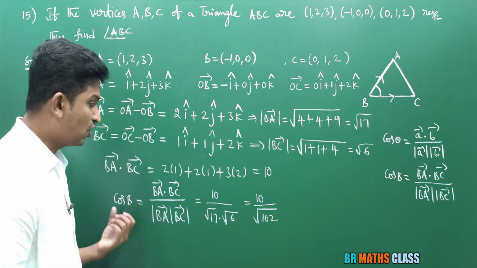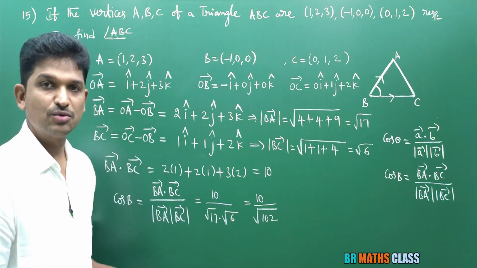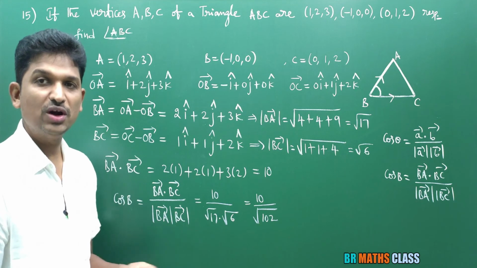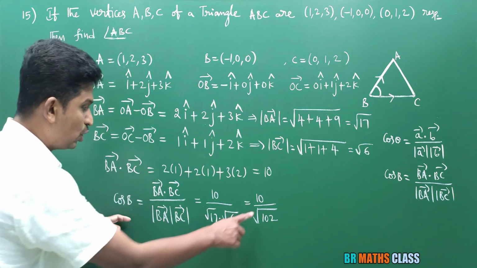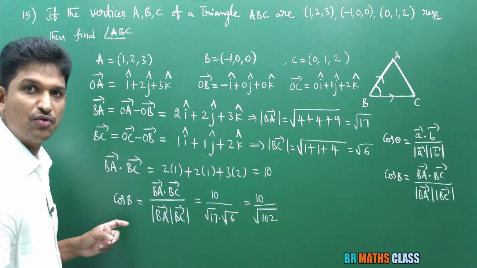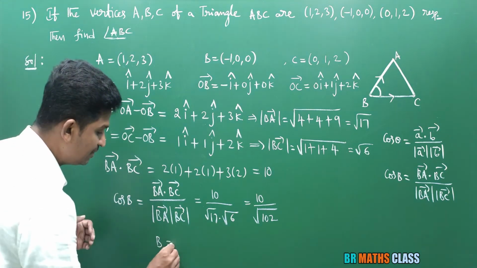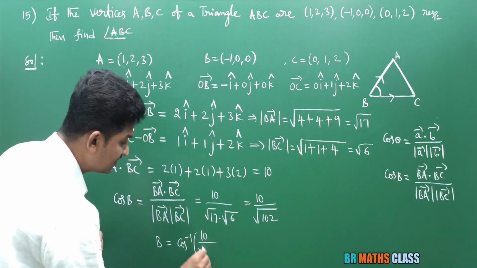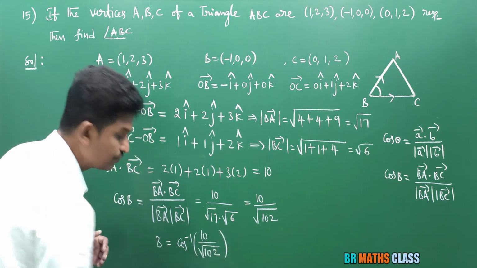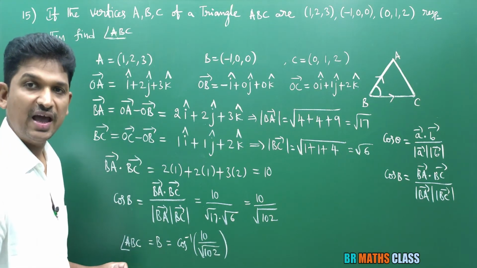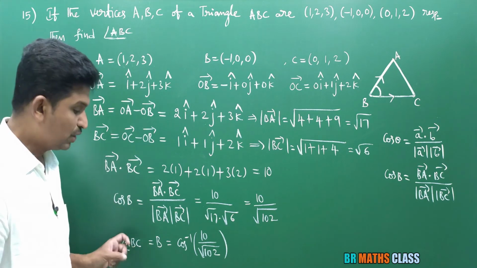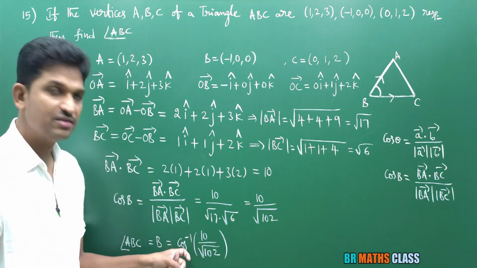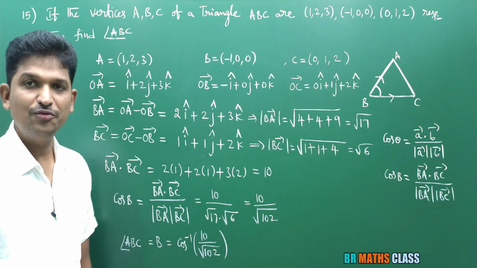So cos B equals 10 divided by square root of 102. Actually what I need is B. B is cos inverse of 10 divided by square root of 102. This angle B is the angle B in triangle ABC.